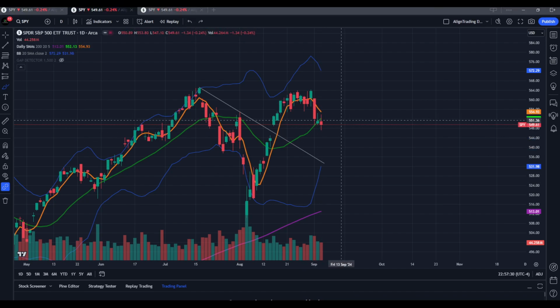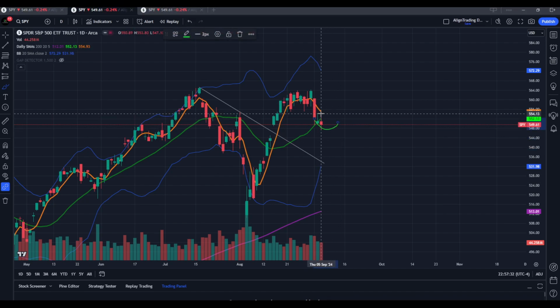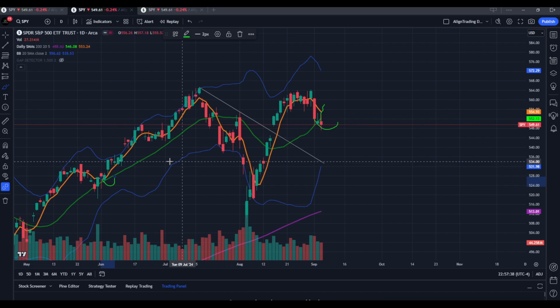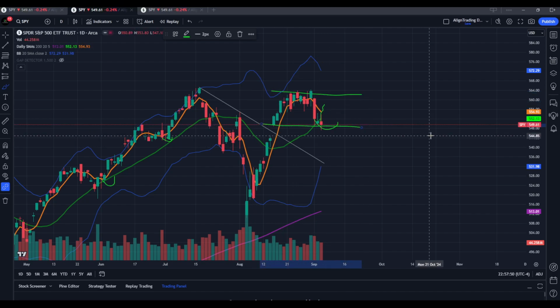Or tomorrow we see this 20-day be that support and we get a move back up through that 5 and 20-day moving average, right? You can see right here how that happens. So just be paying attention to that as you can see something like that form. But we are still within this range right here, as you can see, and we have not got that decision.